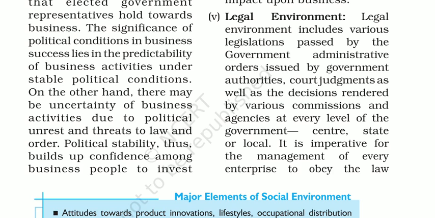That is why any business producing these products has to follow the rules and obey the law. There are many different acts formed for business, like the Trade Union Act 1926 and the Consumer Protection Act 1986. You have studied about the Consumer Protection Act. So business needs to follow these rules and regulations made by the country and obey the law of the country.